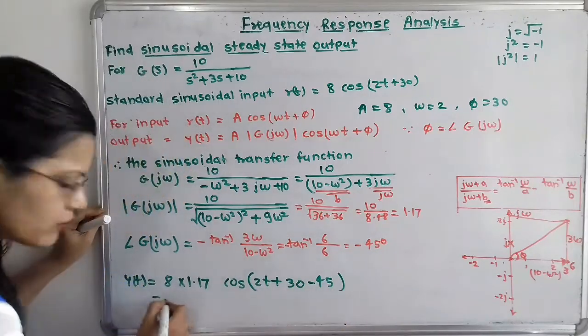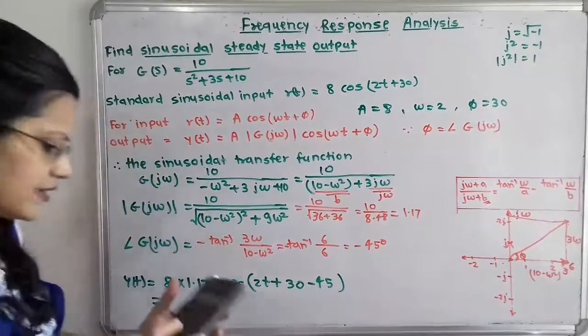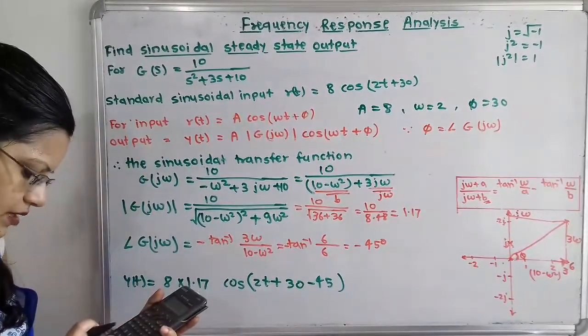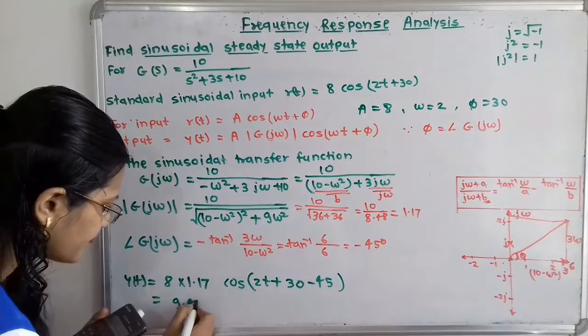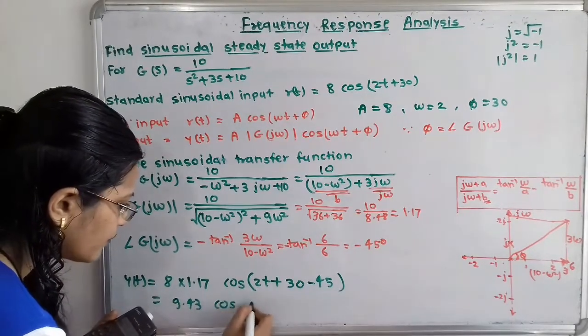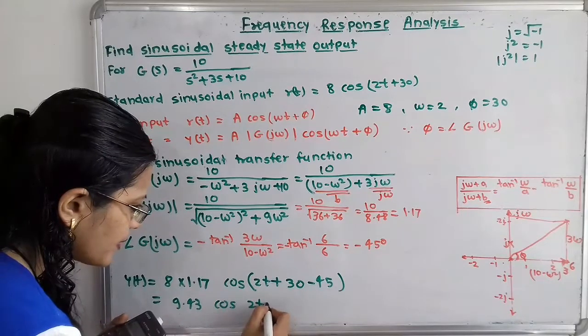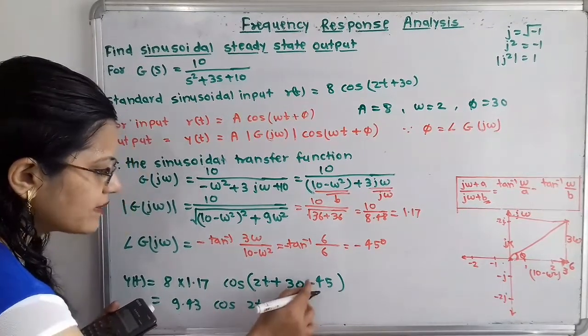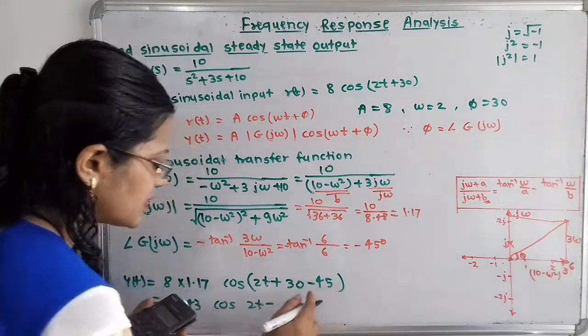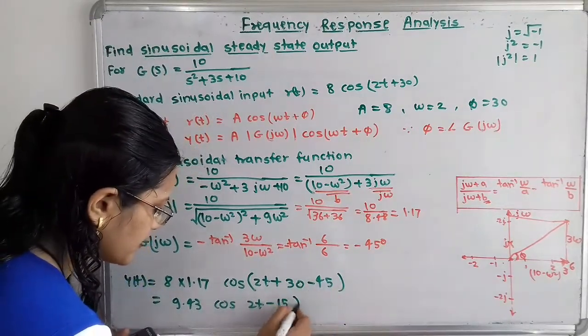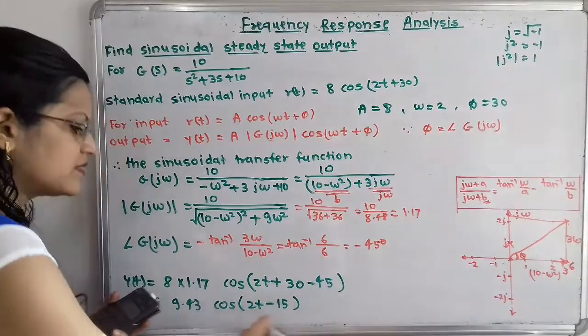Now again we calculate: 1.17 multiplied by 8 is 9.43, into cos of 2t minus, because minus 45 plus 30 gives minus 15. So this is the answer.